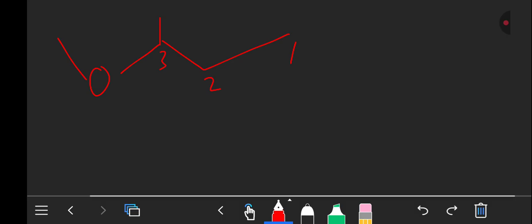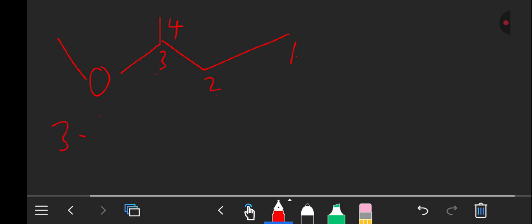But if you look at this structure, I can say 1, 2, 3. There's another carbon there, right? 4. Then we have a methoxy, so you need to take into consideration that carbon there. Okay, so this group is now the methoxy, so it is at position number 3.